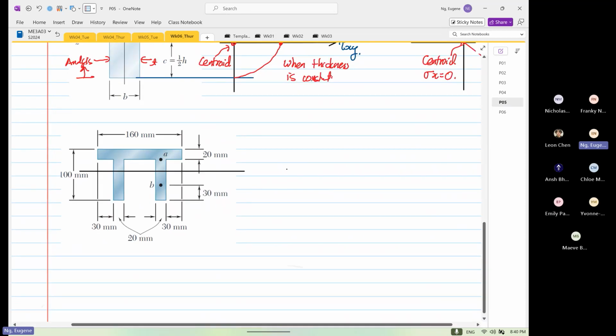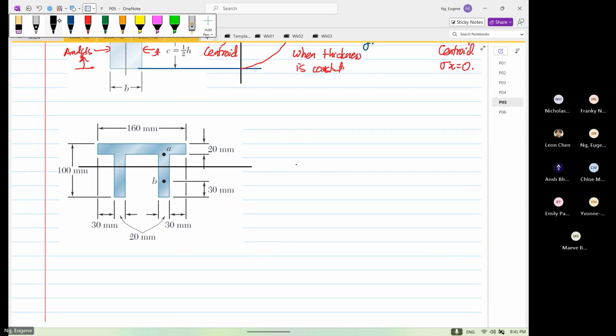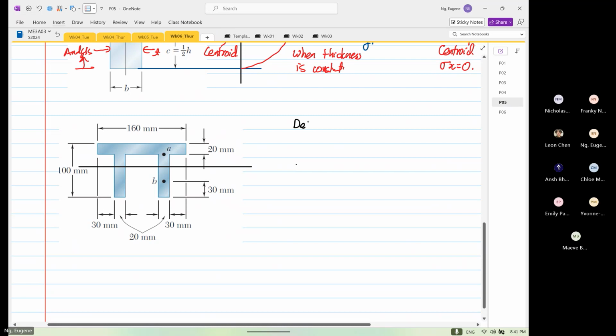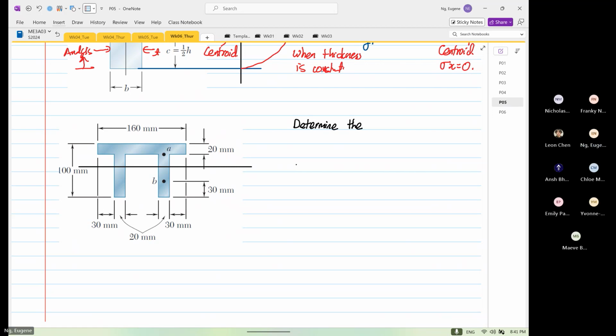We want to determine the shear stress at the centroid. Okay. So we are aware that the centroid is 35 millimeters from the top.